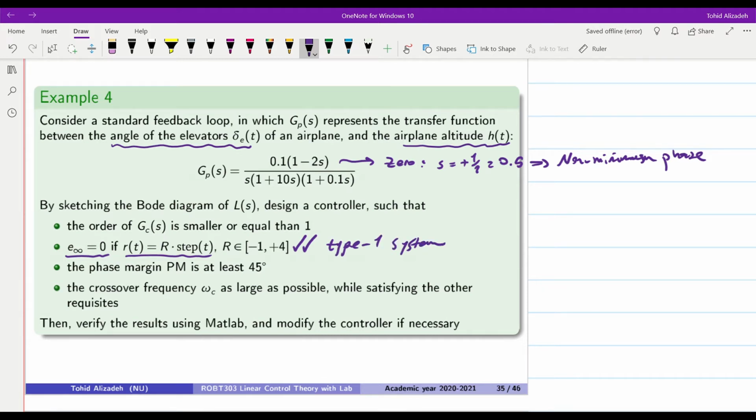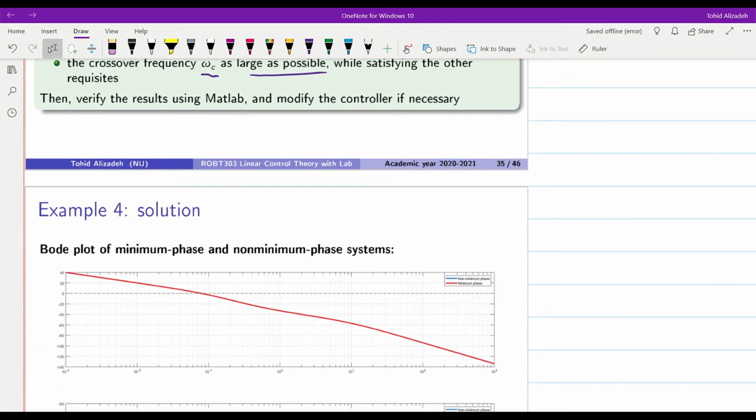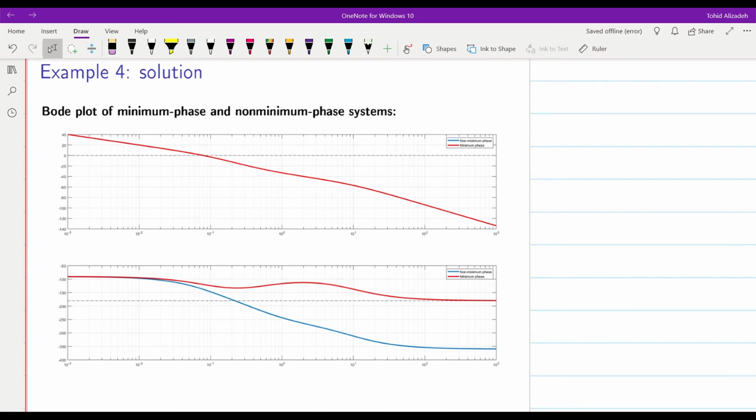We need to have the phase margin at least 45 degrees and the crossover frequency omega c as large as possible, while we satisfy all the other requirements. Okay, so we can start by plotting the Bode diagram for the system. Over here, you can see the Bode plot for the non-minimum phase system that we are considering.